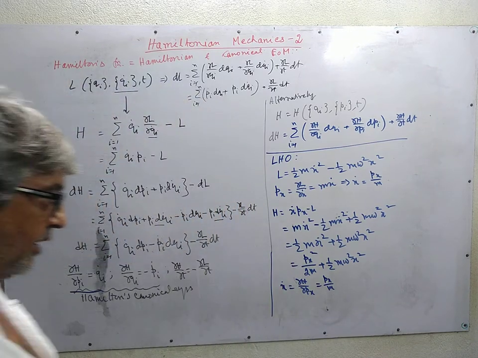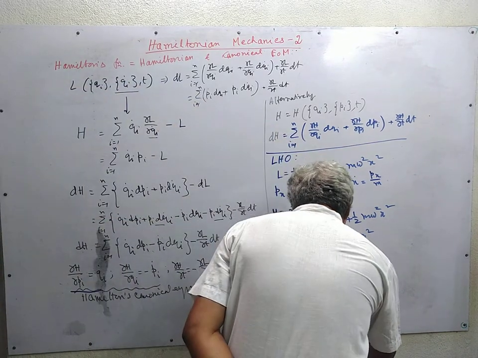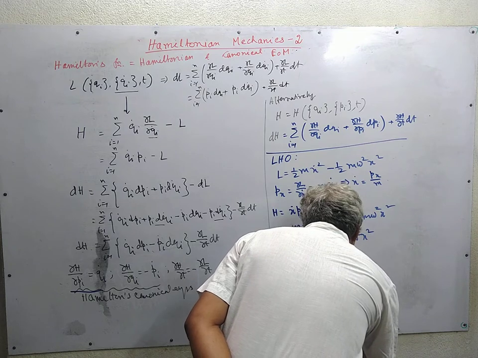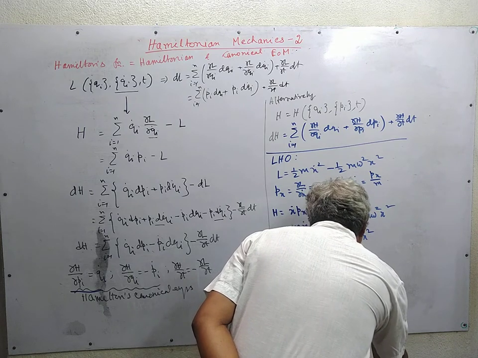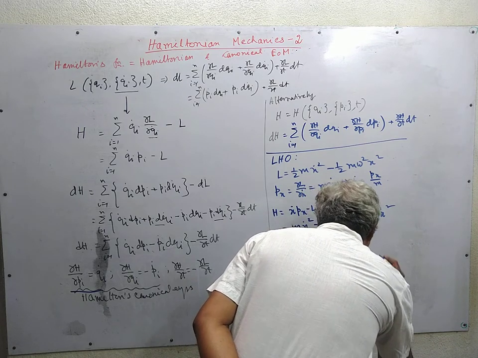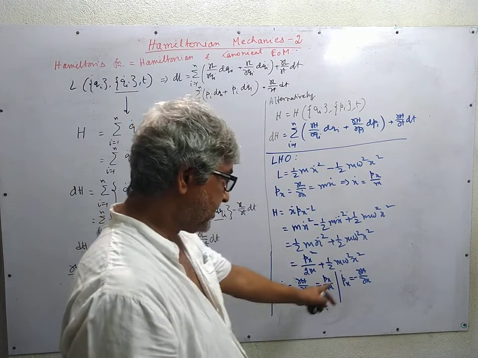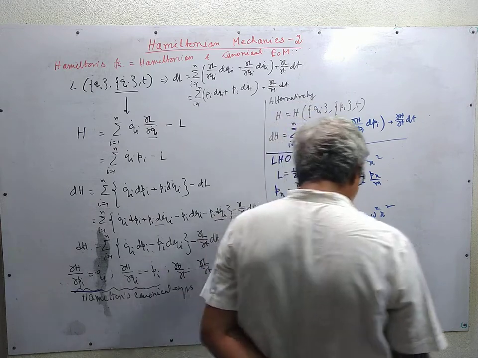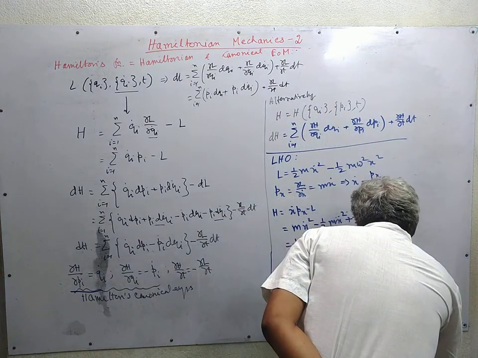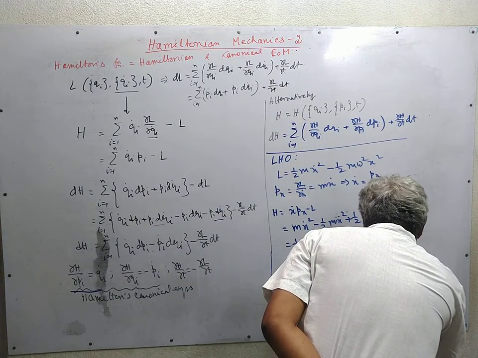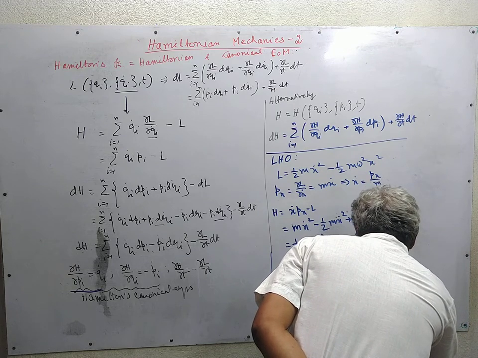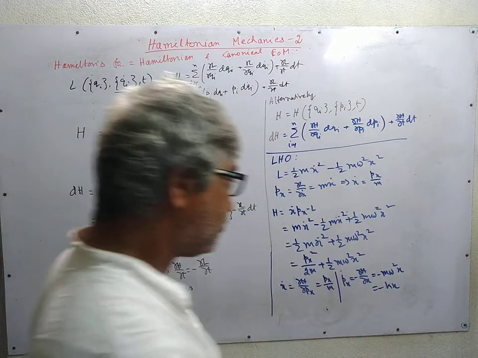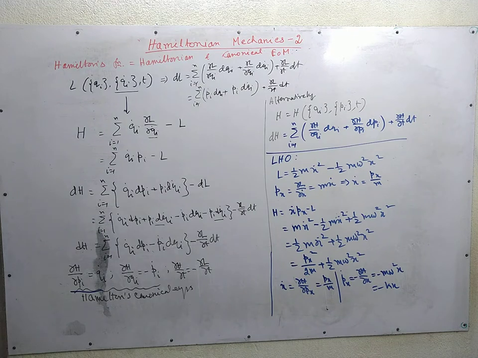And for Px dot, this is minus ∂H/∂x. So this is minus m omega square x. This is nothing but minus kx, the restoring force. So we get the same equation irrespective of the formalism we employ.